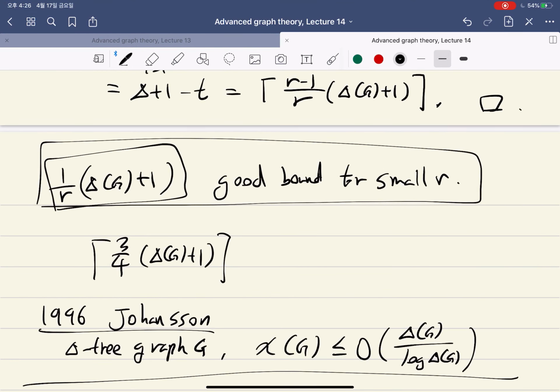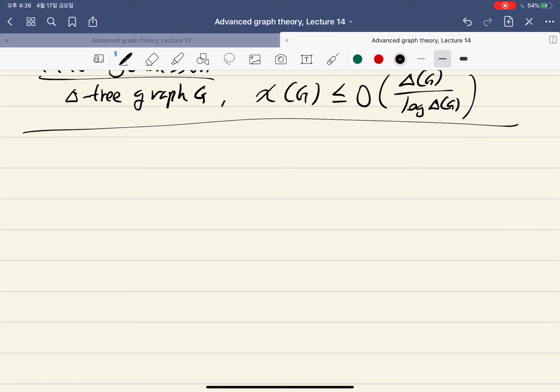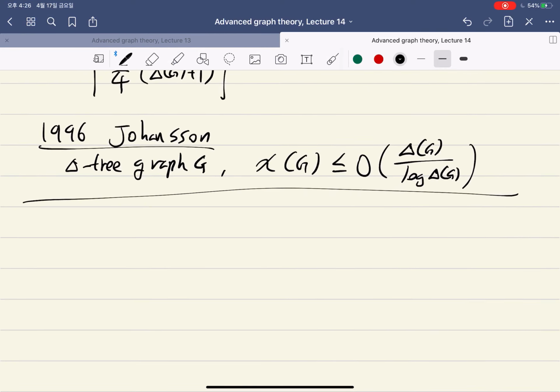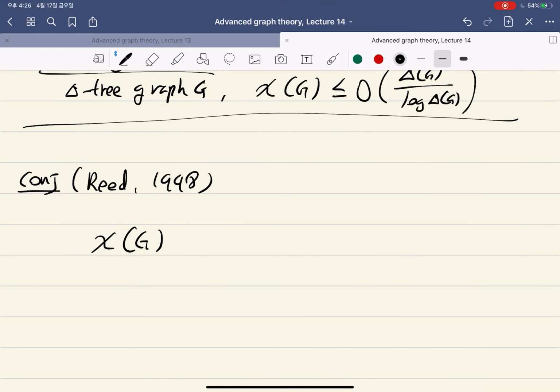And then regarding bounding chromatic number in terms of clique number, there is a famous conjecture by Bruce Reed, who conjectured that the maximum degree plus the clique number plus 1 over 2 would bound the chromatic number.